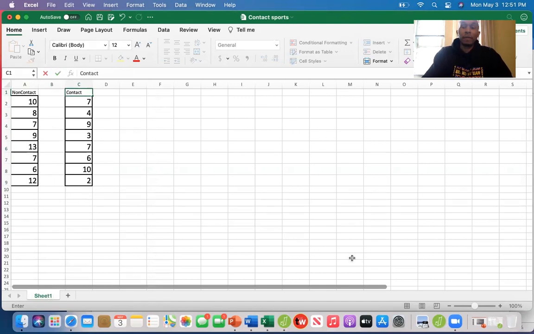So if you remember, your formula for T was equal to the sample mean minus the population mean, divided by the square root of the sample variance divided by sample size.